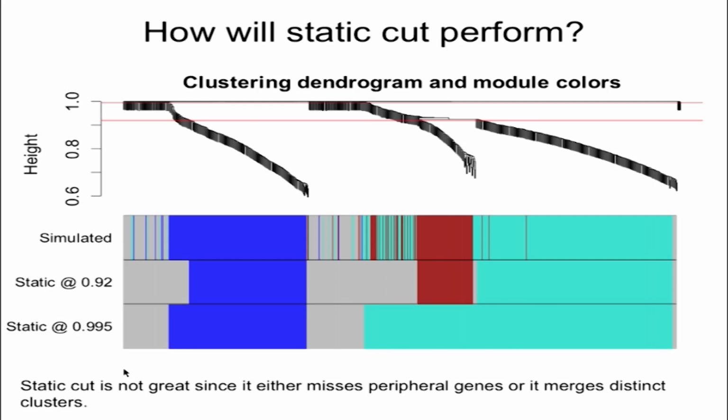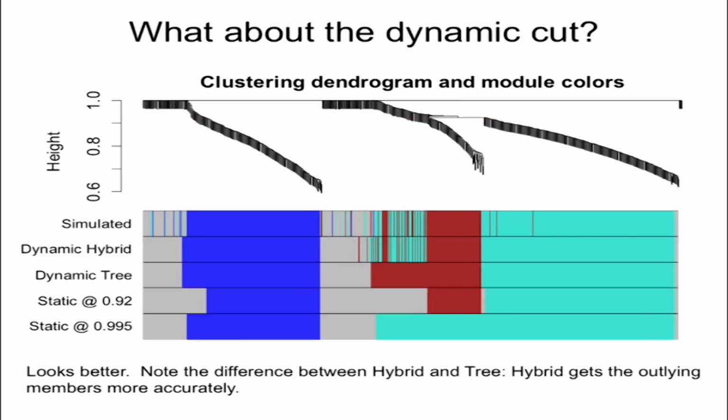But here we distinguish between two types of dynamic branch cutting approaches. There's the first approach called the dynamic tree method, and the second approach called the dynamic hybrid method. And as I indicated a couple of times, we really like the hybrid method. But for historic reasons, let me explain the tree method. The tree method is called tree method because it takes as input nothing but a tree.